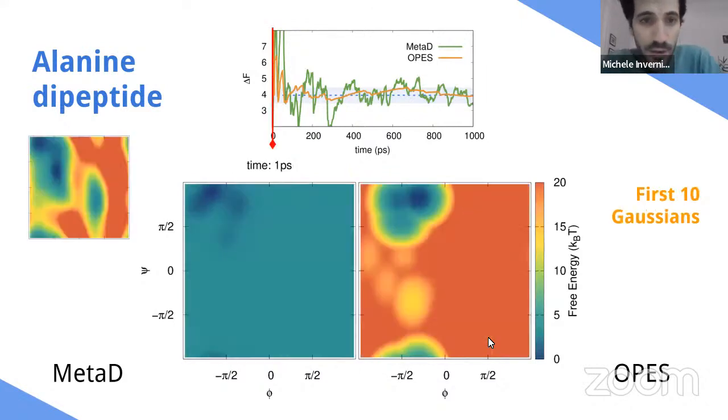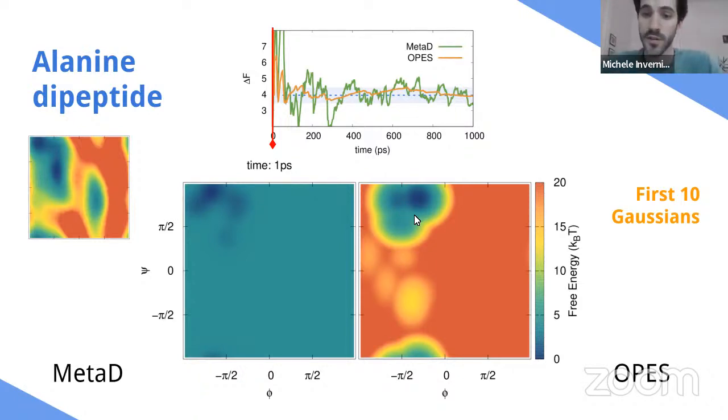If we look at the very beginning of the simulation, this is just the first 10 Gaussians. Metadynamics only explores a very small region of the CV space, while OPES starts to place very big kernels again.